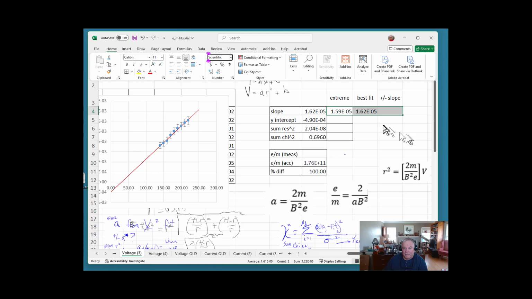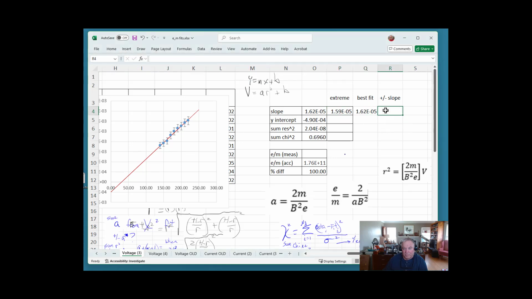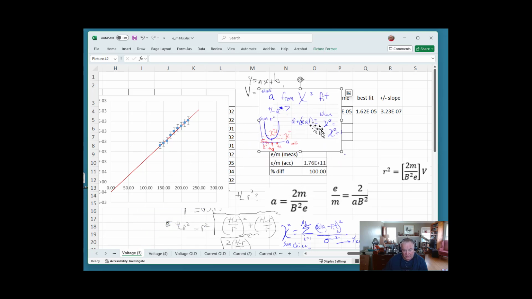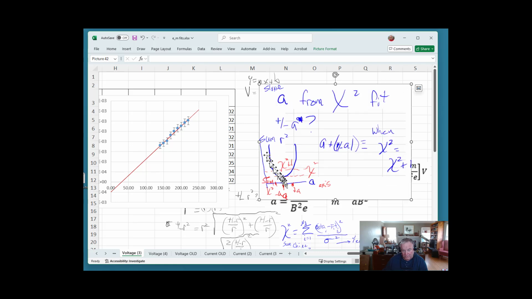And I guess 2 is good enough. So the plus minus is equal to the absolute value of the difference between these two. There's a debate about how much of a parabola this is when it's a two-parameter fit, and we're only varying chi-squared by that little amount.